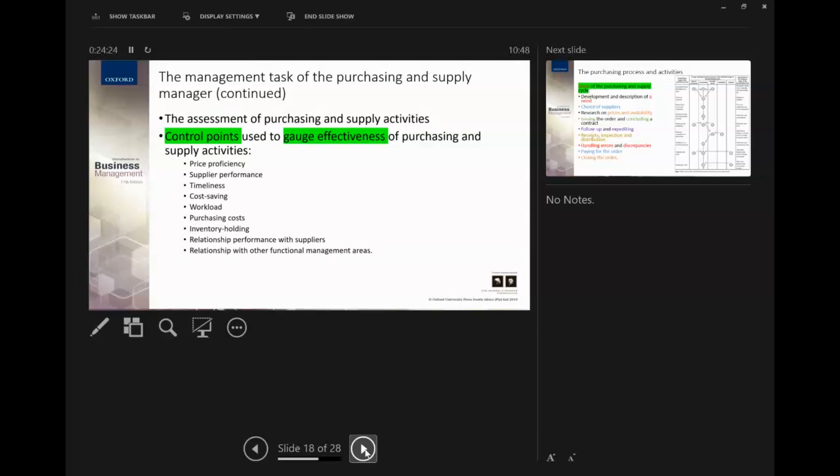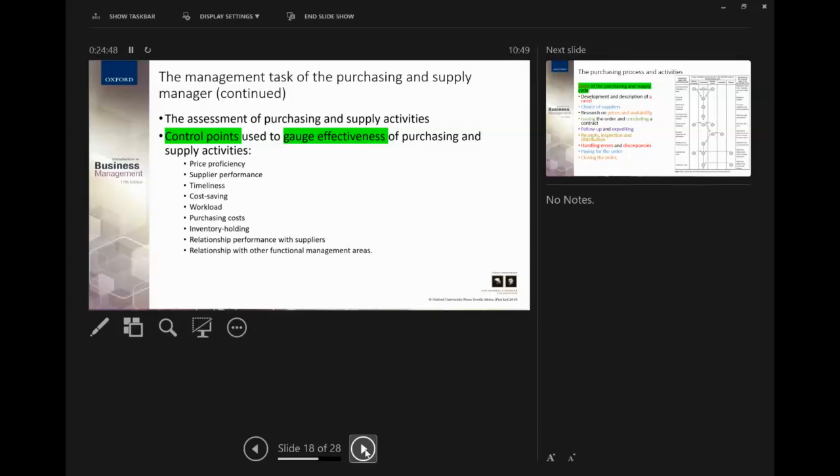So here are the various activities. Control points used to gauge effectiveness. Price proficiency. Supplier performance: are our suppliers performing as they should be? Are they enabling us to conduct our business at the best possible level?